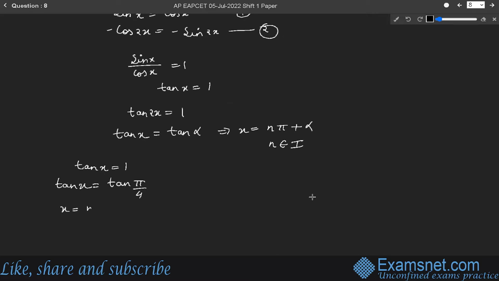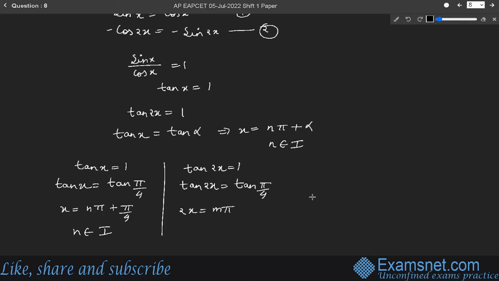So x will be n pi plus pi by 4, where n belongs to I. And also tan 2x is equal to 1. It means that tan 2x is equal to tan pi by 4. So 2x will be m pi plus pi by 4, taking m in place of n. So x will be m pi by 2 plus pi by 8.